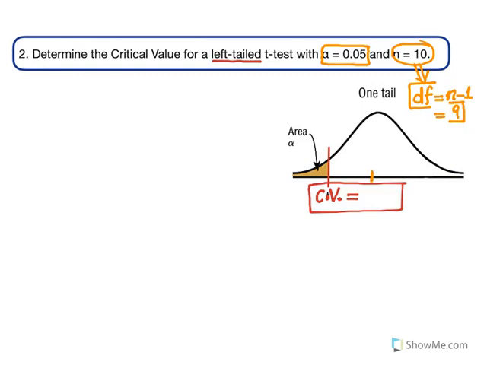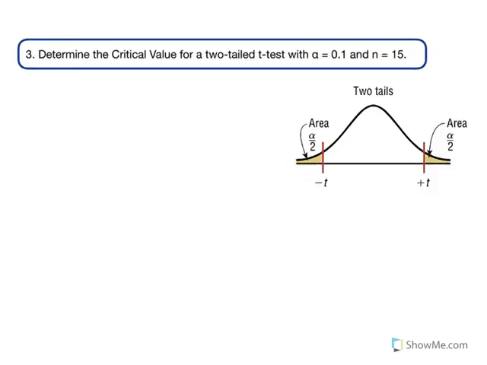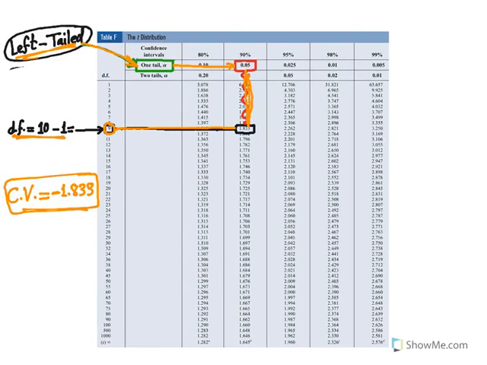Look here: 0 is here, and the critical value being here means that it's negative. So this is why we took minus 1.833, even though in the table you will see 1.833. Because it's a left-tailed test, you take the negative of the number that you see in the table.